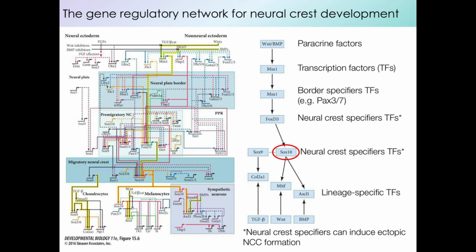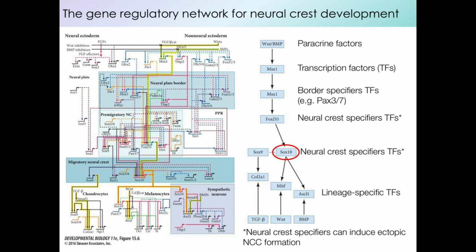So the specification of the neural crest involves these paracrine factors, specifically Wnt and BMP, that lead to the activation of transcription factors in that neural plate border region. These transcription factors activate a second set of transcription factors known as border specifier transcription factors.